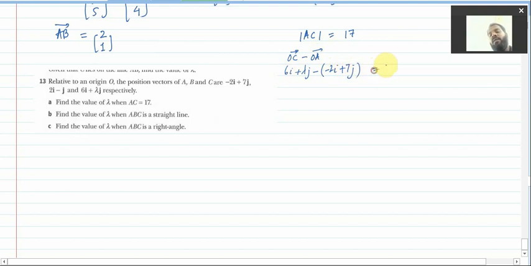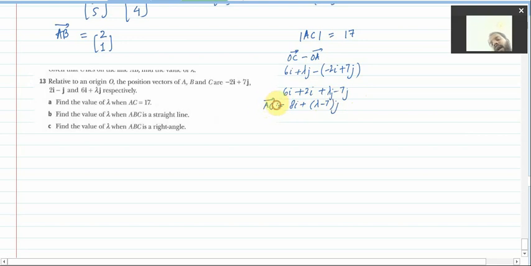Alright, but we are not going to write 17 here because it is not the magnitude. So firstly it will be 6i plus 2i plus (lambda minus 7)j. Alright, 6 plus 2 is 8i plus (lambda minus 7)j. That is my vector AC.